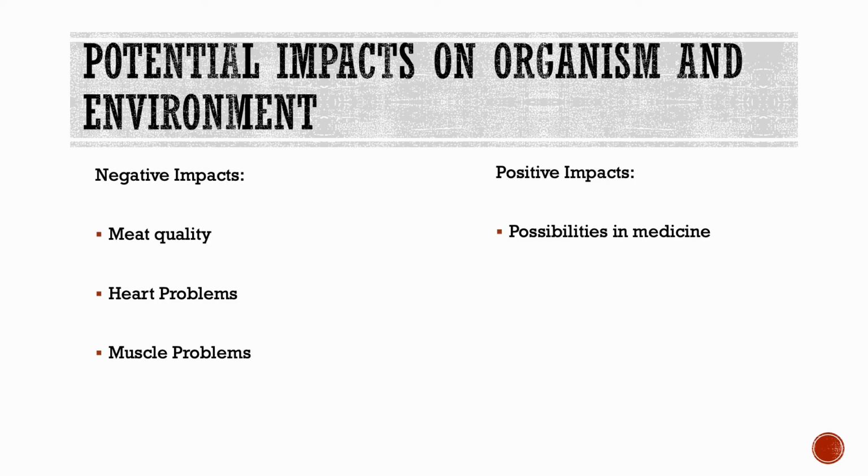So the potential impacts on the organism that I chose, which was the domesticated cattle or B. taurus, and the impacts on the environment would mostly be negative in my opinion. I know we're supposed to have some positive impacts, but with this certain mutation, there's not really anything great looking.